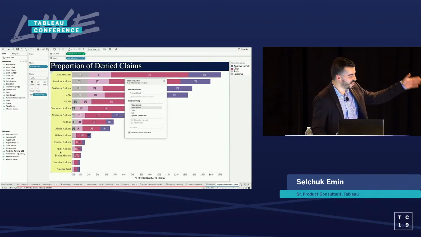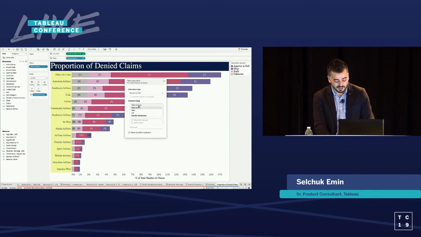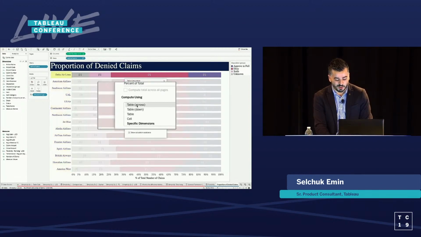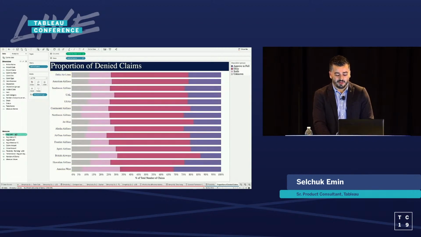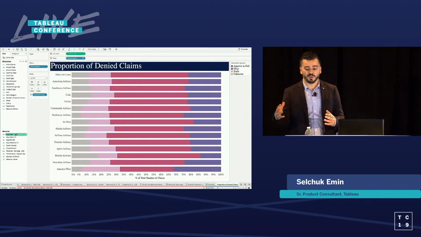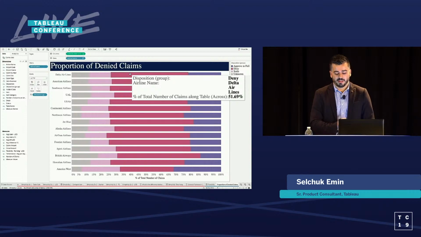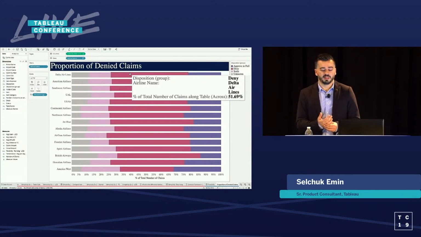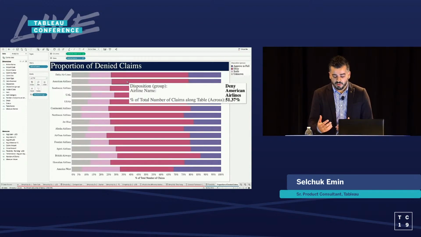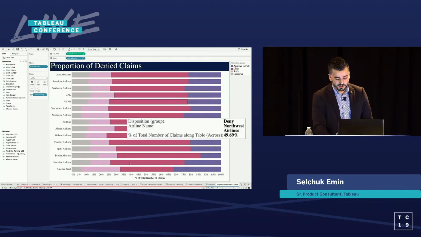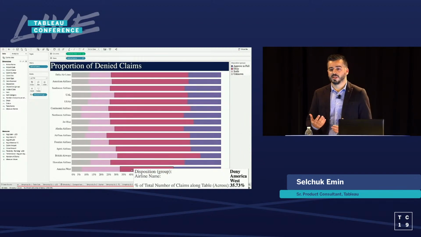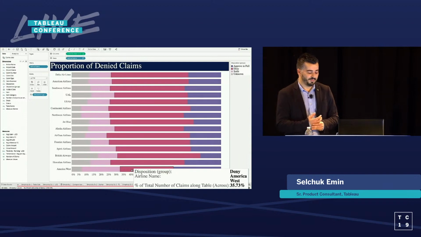Again, highlight shows us that everything was taken. This time I'll change it to table across. And immediately, all of our results go to 100% total, as we expect. Now I can see that Delta Airlines denies 51% of the claims. American Airlines denies a similar percentage, but America West, for example, denies 35%.